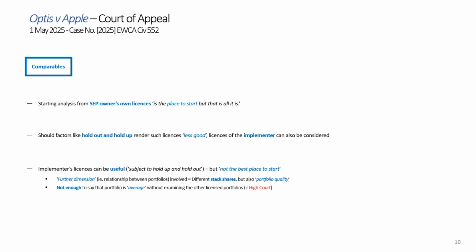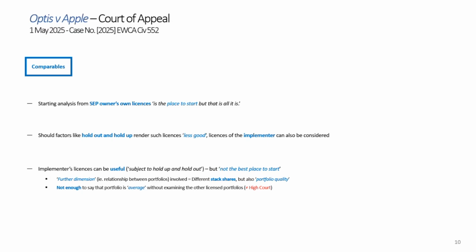Why? Because the licenses of the implementer include a further dimension, which is the relationship between the portfolios involved. So you always have the same licensee, but you have licensors with different portfolios, with different stack shares, but also with different portfolio quality.